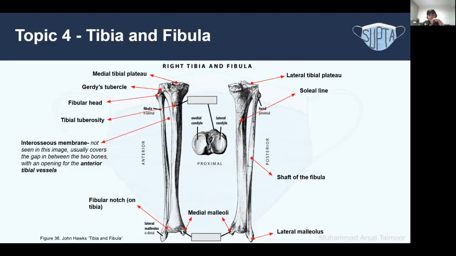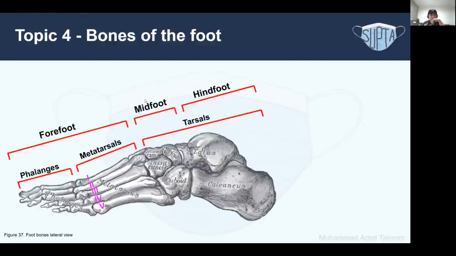These malleolus bones are relevant to the ankle, and also to ankle fractures. Essentially, the main thing to take from this is to practice naming landmarks to remember them for your exams.